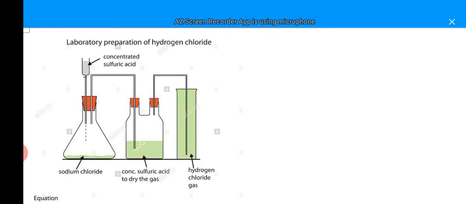So the gas will pass through the delivery tube, and we have at the middle here concentrated sulfuric acid, another one. The essence of it there is to dry the gas that is evolved from the conical flask. Then when it is dried, it is now stored or collected by what? By upward displacement of air, that is downward delivery. So we are going to have hydrogen chloride gas there.